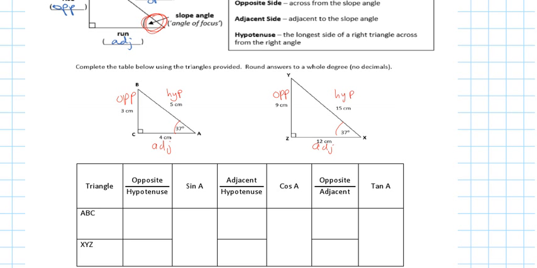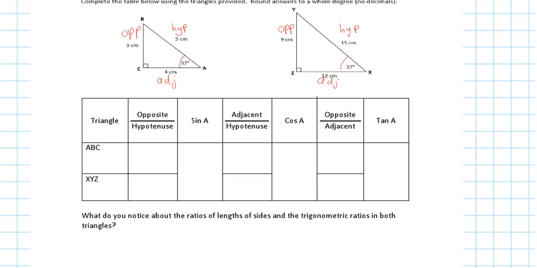Okay? So let's see what happens. They want you to find the following. They want you to take the opposite and divide it by the hypotenuse. So if I have the angle 37, and this is my opposite, this is my hypotenuse, I have to do 3 divided by 5.